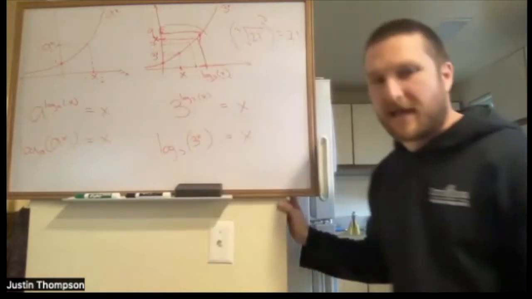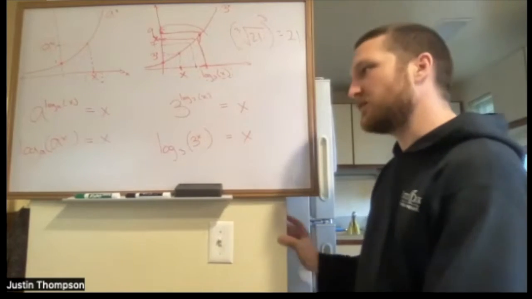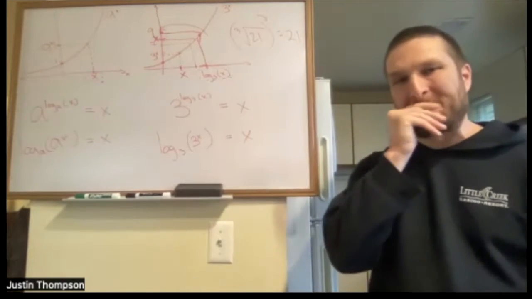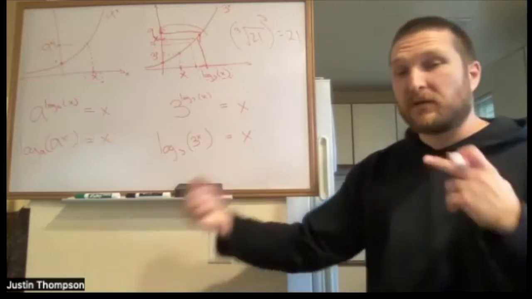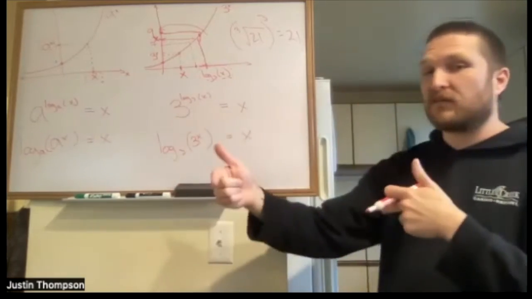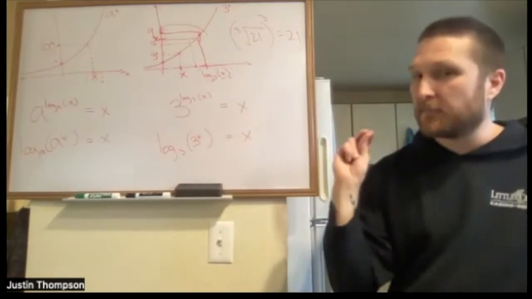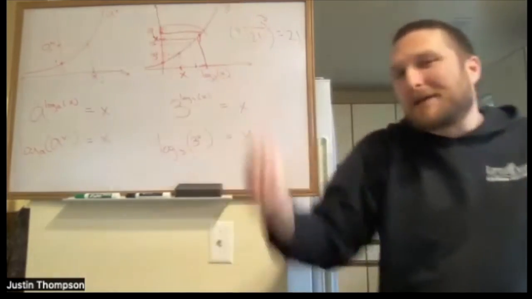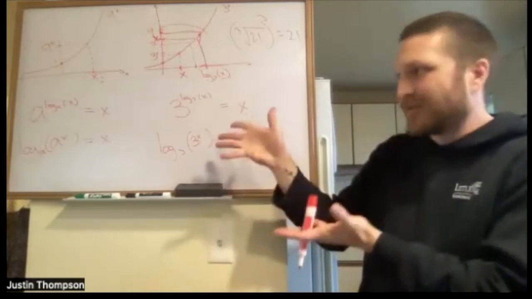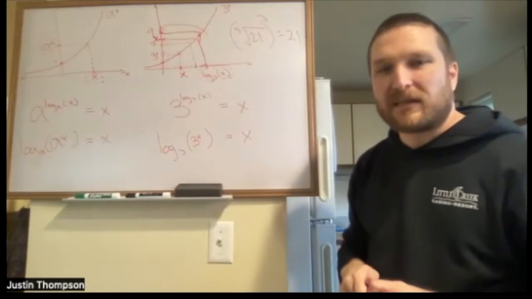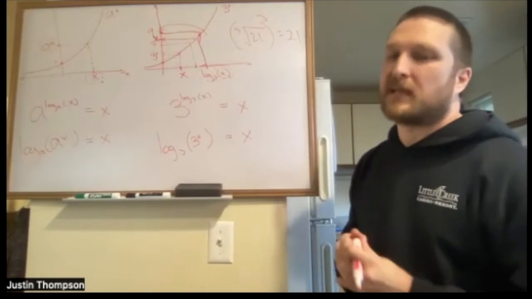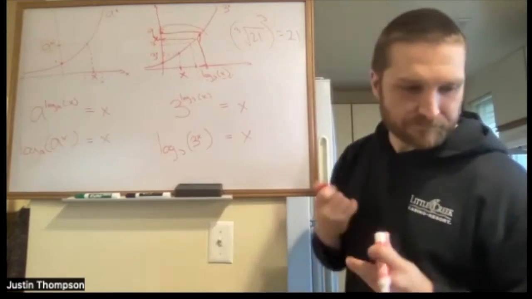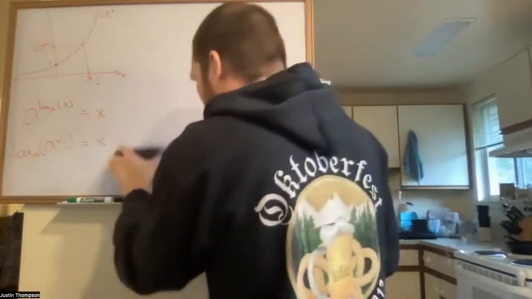It brings me back to x, back to where I started. We're just composing inverse functions. We're taking a number, using a rule to get a new number, and then using the opposite rule to come back where you came from. And we're going to see just how useful this is. We have equations involving this stuff.